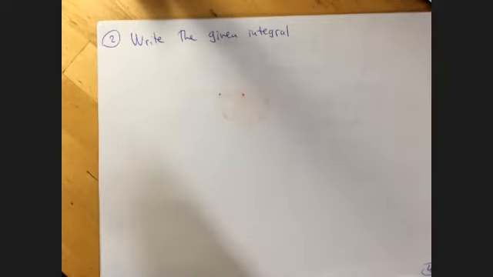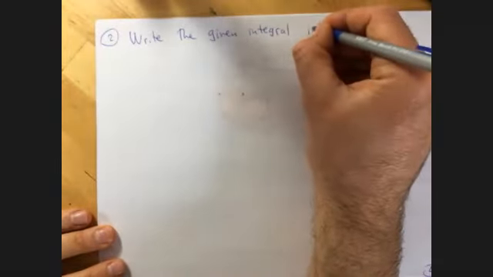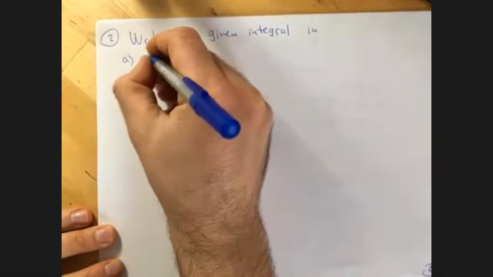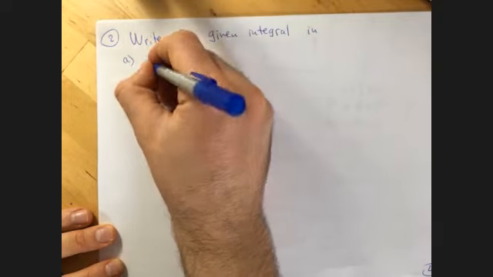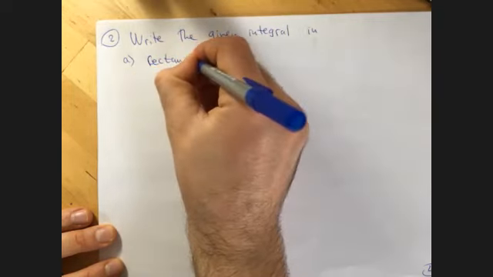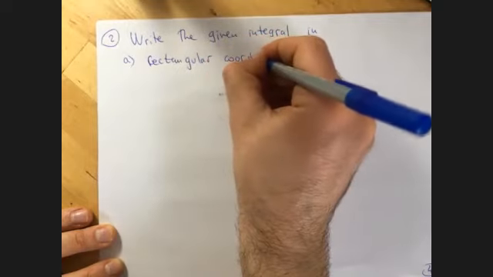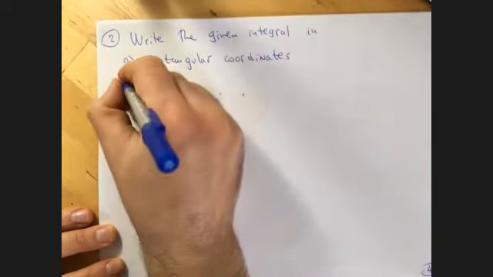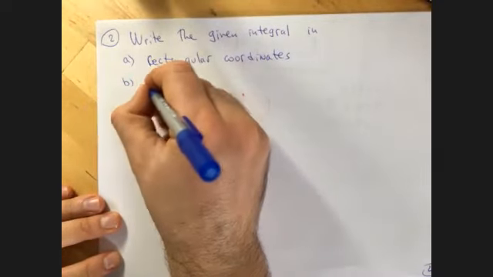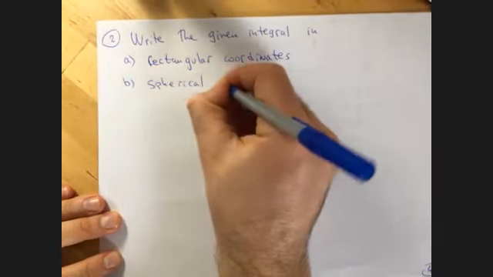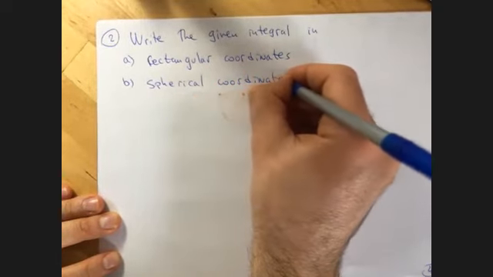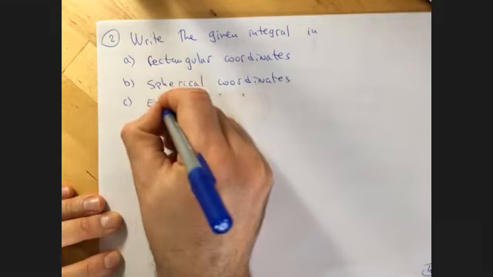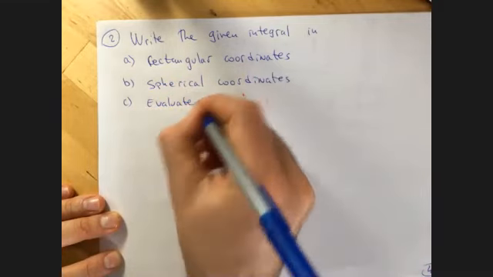Standard problem in triple integrals is switching between spherical, cylindrical, and Cartesian coordinates. So write the given integral in A, Cartesian coordinates or rectangular coordinates, B, spherical coordinates, and C, evaluate.